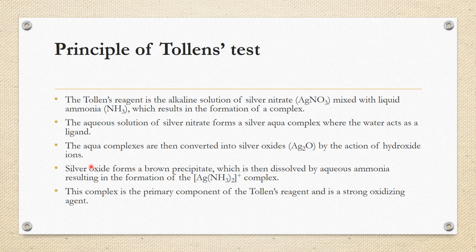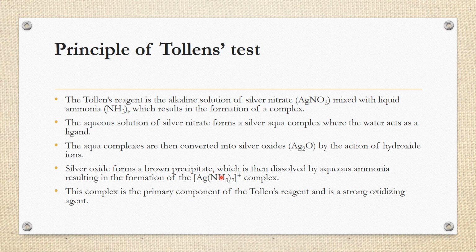Then this silver oxide is dissolved by aqueous ammonia, resulting in the formation of the diamine silver hydroxide complex. This complex, diamine silver hydroxide, is the primary component of Tollen's reagent, and it's a strong oxidizing agent.